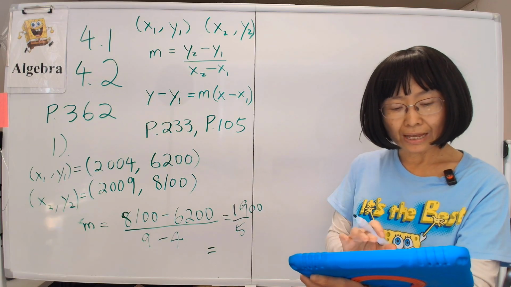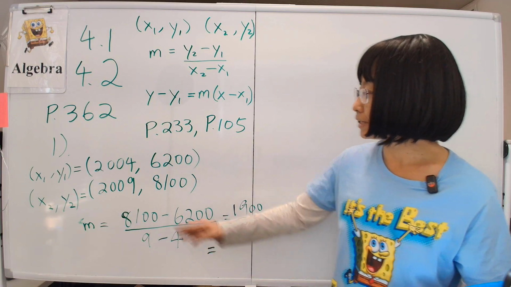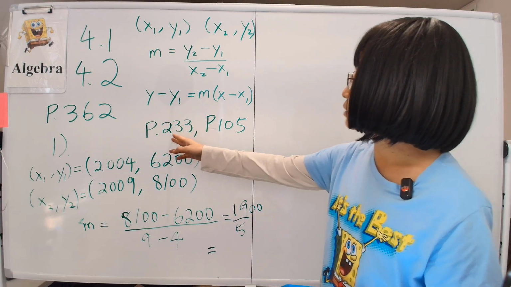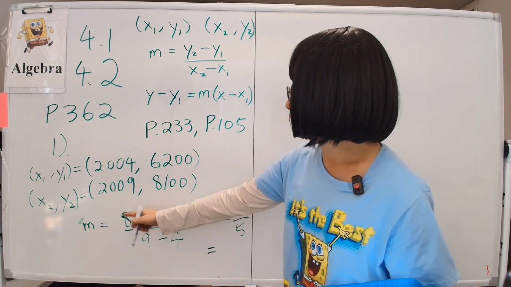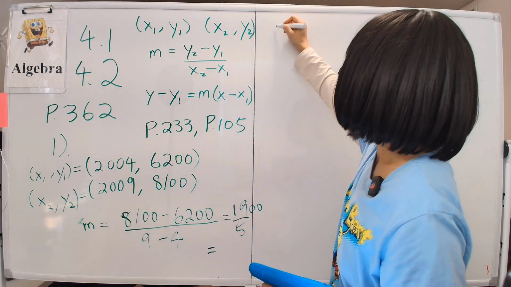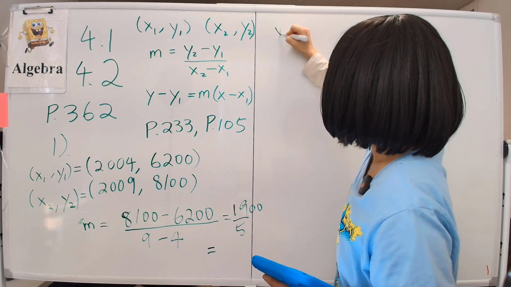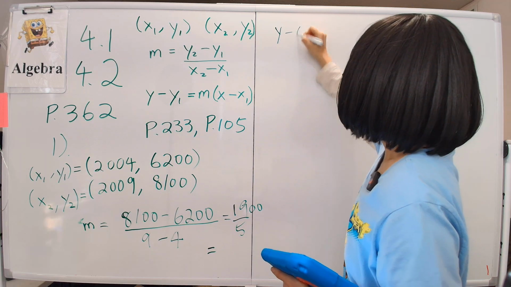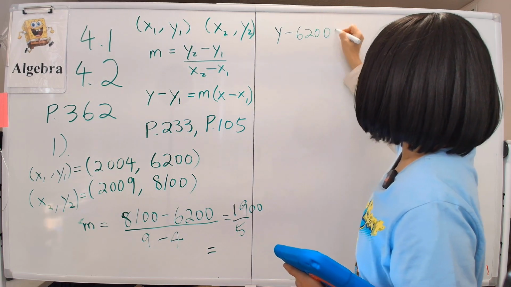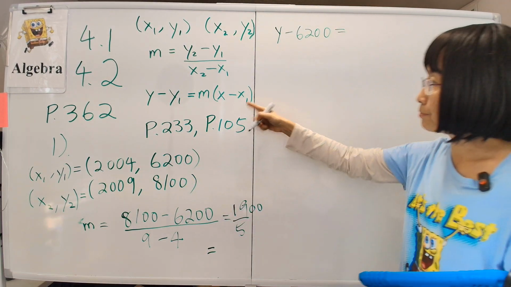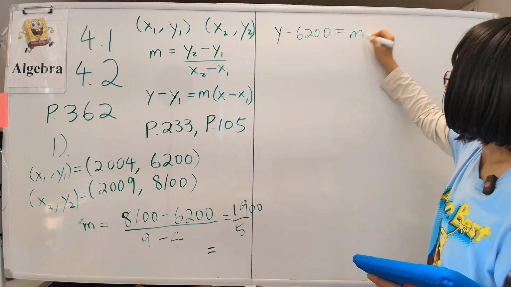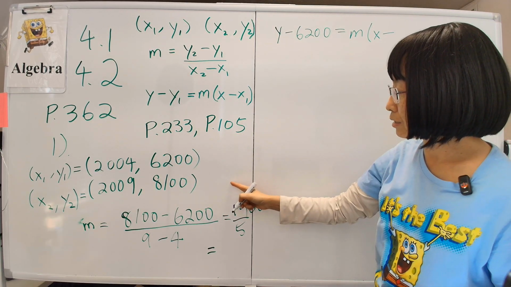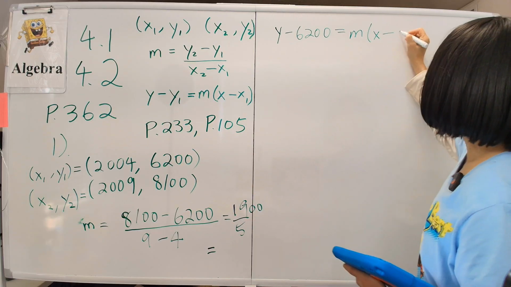Now that we have figured out the m, our job is to predict the population at 2013. So what we're going to do is write down this equation. We have y minus y1. Where's y1? That is 6,200, equal to m times x minus x1. x1 is 2004.